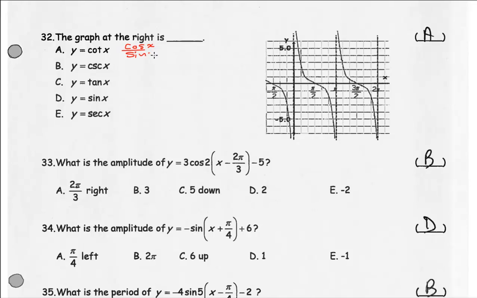And so notice the denominator is the sine function. So vertical asymptotes occur where the denominator is 0. Now the denominator here, the sine x, is equal to 0 at all multiples of pi. So pi, 2 pi, 3 pi, negative pi. And so that's where all the vertical asymptotes are. So that is a way I could determine that this is the cotan function.